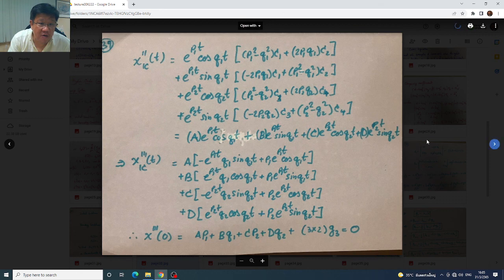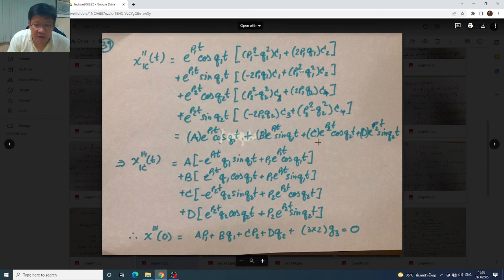You need one more. For the third, you rearrange the terms again, and the term becomes so complex, because with c sub 1, c sub 2, you have 4 terms here. So to simplify it, you have the terms that multiply cos and the terms that multiply sine, cos q1, sine q1, cos q2 and sine q2.